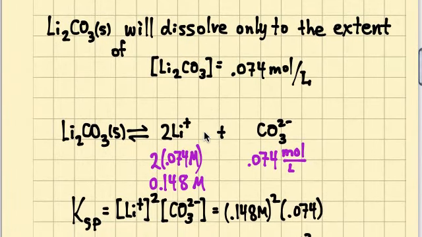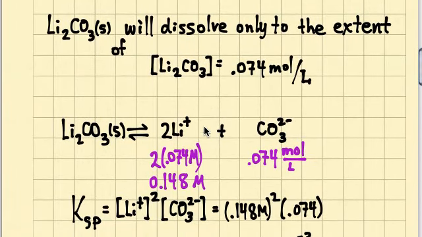Lithium carbonate will dissolve only to the extent of a very small amount. My solubility rules say that most first column metal ion salts dissolve, but I guess lithium carbonate is hard to get in the water. Not so much. So I know I can allow 0.07 moles per liter of this salt in the water.